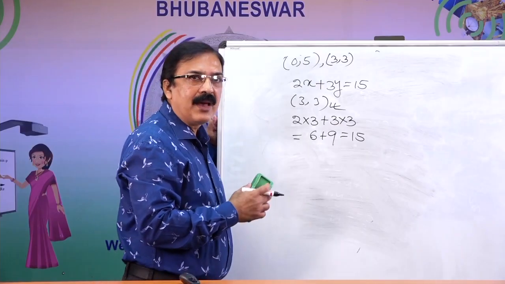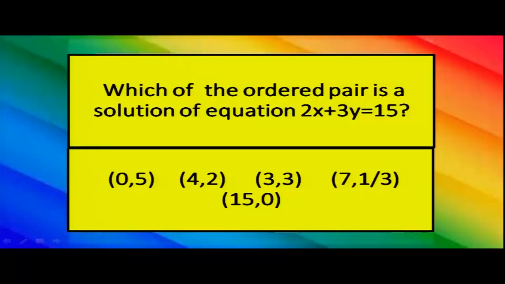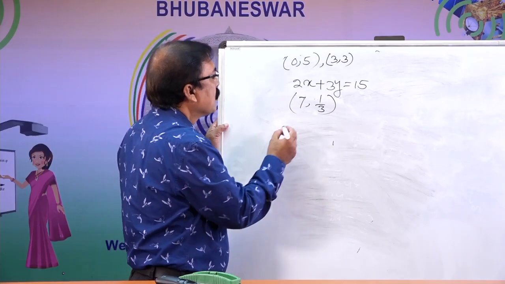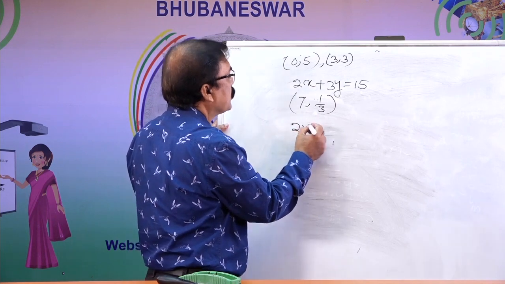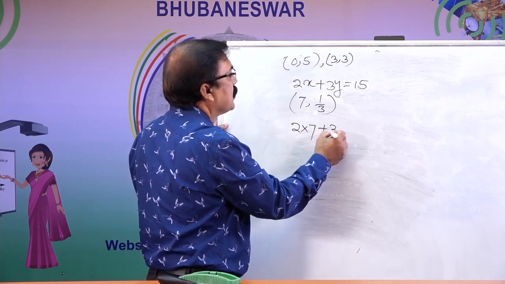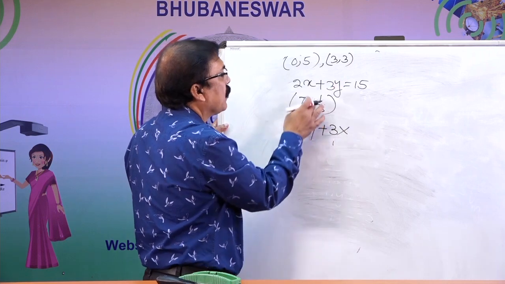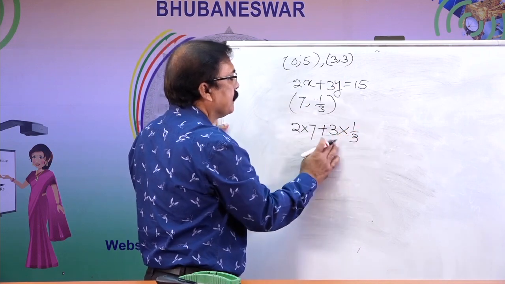Then try with 7, 1 by 3. Here, see, this is a rational number. So 2 into 7 plus 3 into, in place of y, we write 1 by 3.